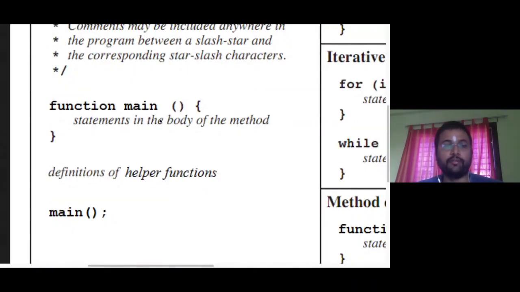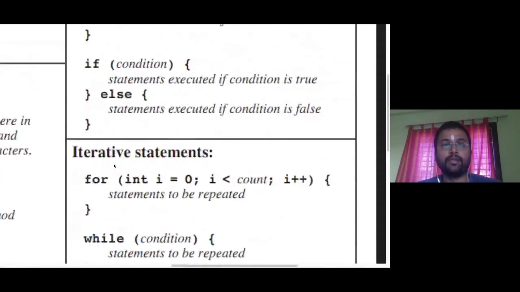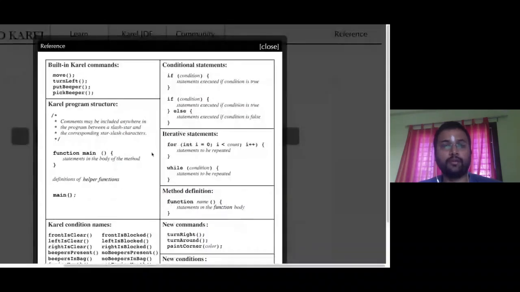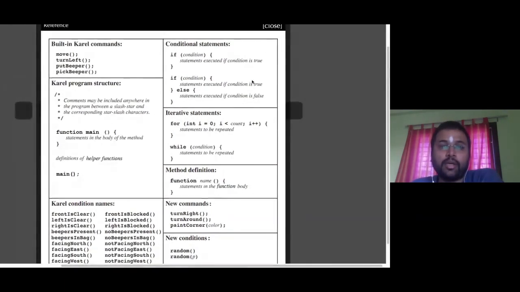You have this function main and some things, and you have definition and helper functions and all. Here, if you see, there are conditional statements, iterative statements, method definition, and some conditions and all those things. So you are asking about this one.